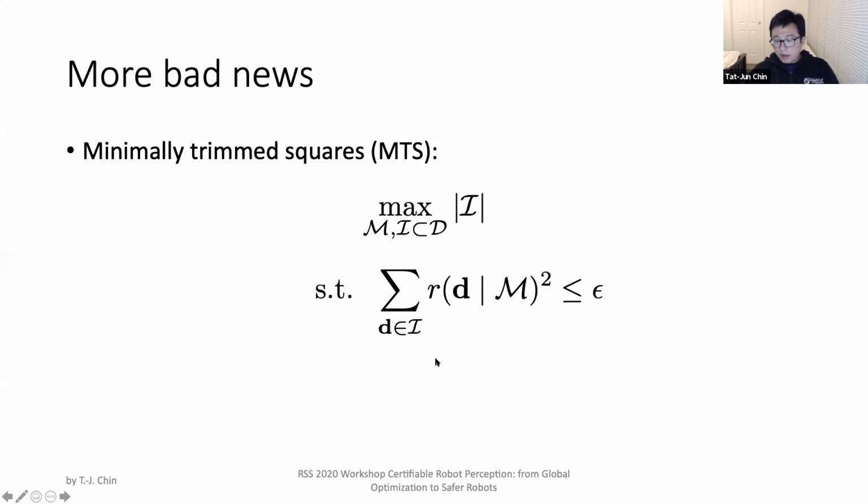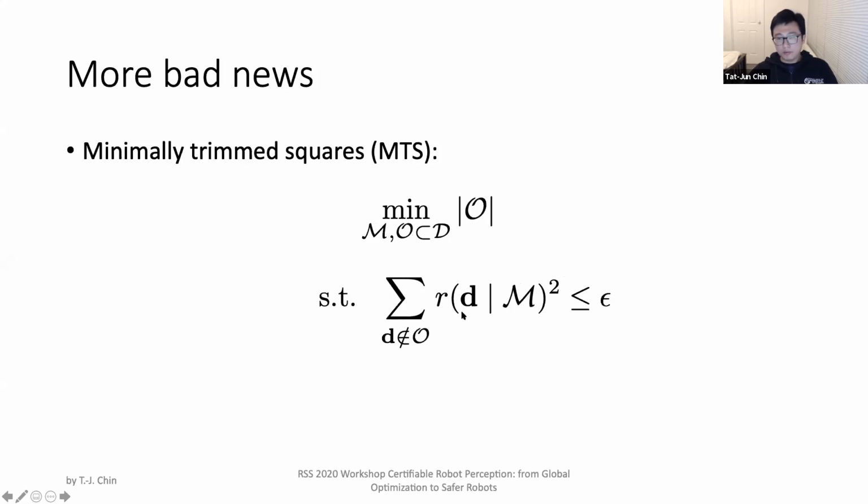Our collaborators have discovered similar results as well. For the least trimmed squares formulation of geometric understanding with outliers, for example, instead of just maximizing the number of inliers, we are minimizing the number of outliers. We also check that the sum of squares of the inliers is less than or equal to epsilon.